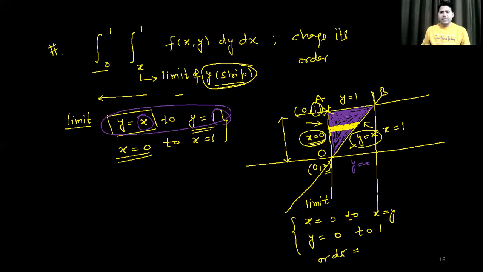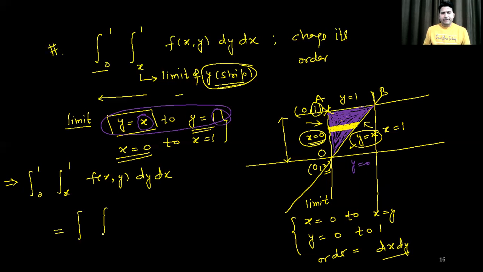Moreover, what is the new order of the integral? dx dy, because we are taking a strip parallel to x-axis. It means, students, the given integral, 0 to 1 and x to 1, f of x comma y dy dx, will be replaced by the integral where firstly we put the limit of x, because we are taking a strip parallel to x-axis, and then y, that is 0 to 1, of f of x comma y dx dy.